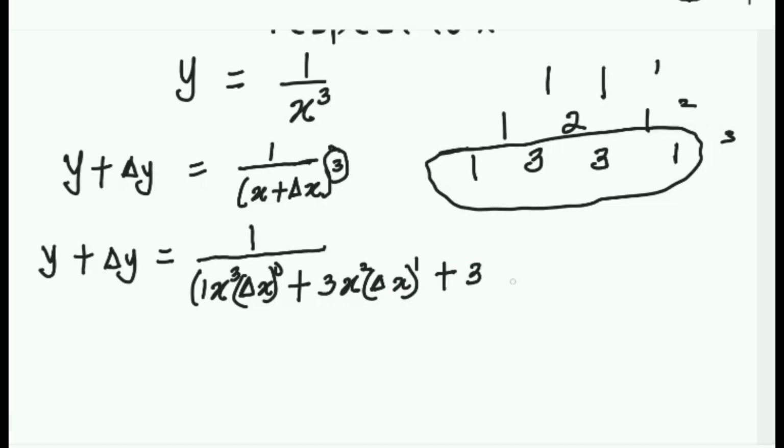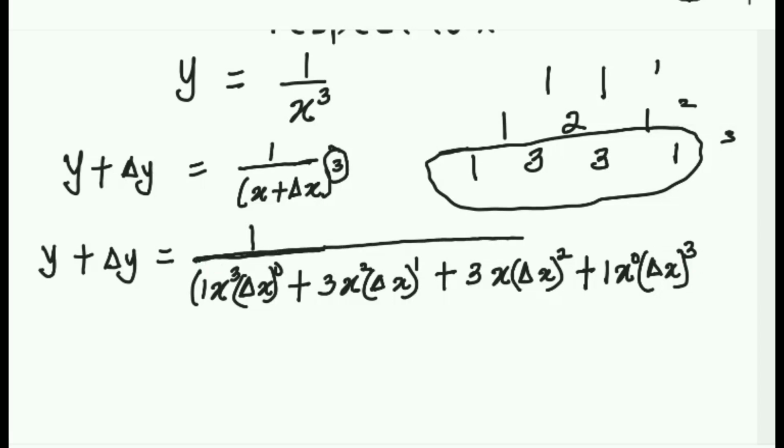Plus 3 x raised to power 1 and change in x raised to power 2, and finally that's 1x raised to power 0 and change in x raised to power 3. What I've just done here is to make use of the binomial expansion principle. So this is 1, all of this 1 divided by this.